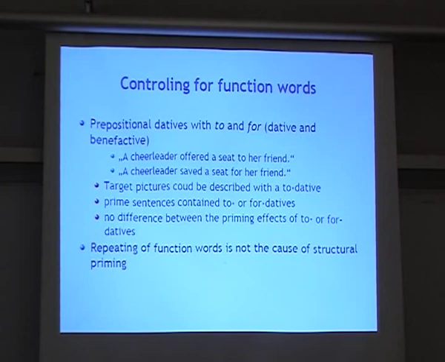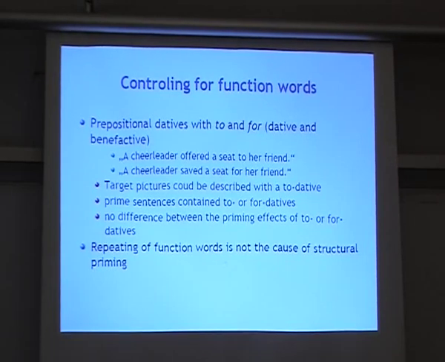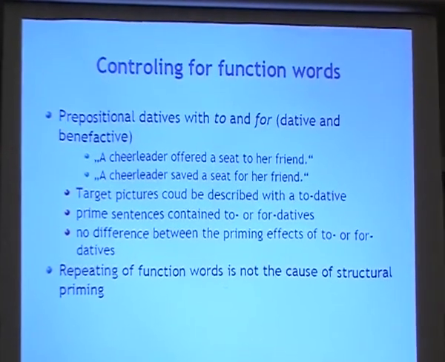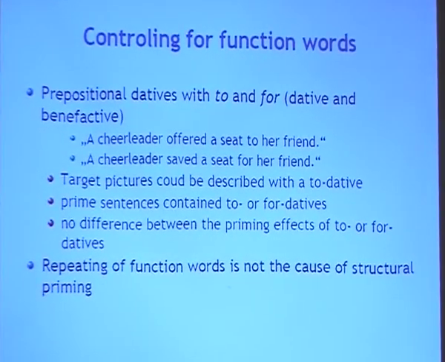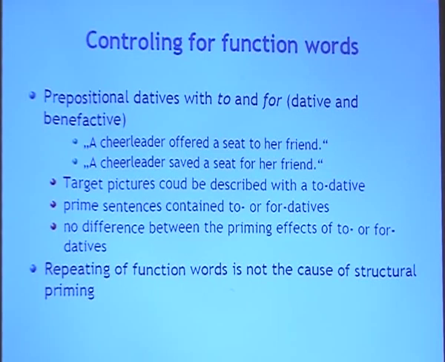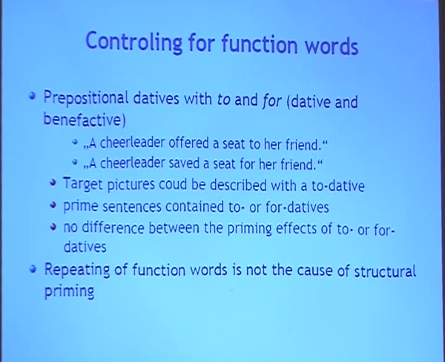And actually, Bock and later other researchers performed a number of experiments that tried to confirm or disconfirm various possible influences of this sort. For example, one study, I think this was already in the original study by Bock in 1986, looked at the role of function words, namely at the possibility that it's actually the preposition "to" that's primed in the double object versus prepositional dative manipulation.